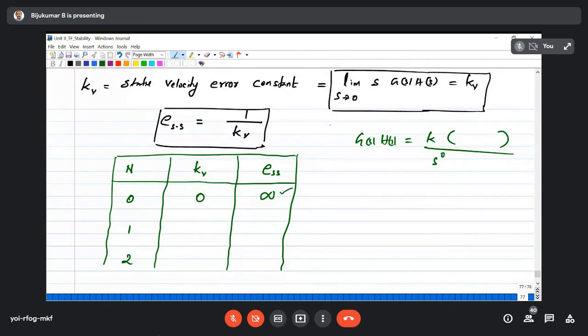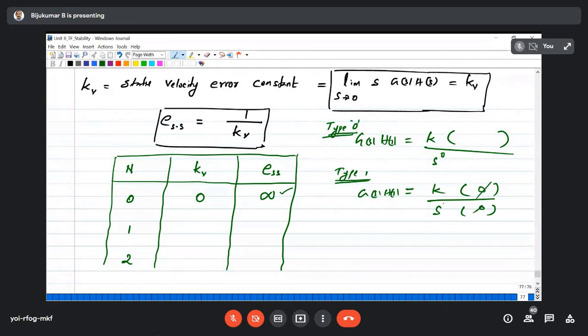Now you calculate for type 1. What will come for type 1? For type 1, g of s h of s becomes k divided by s. In this part we don't need to worry because this will become 0, right? So k by s, and you have to multiply it with s. It will become s into k by s, so s and s will cancel.